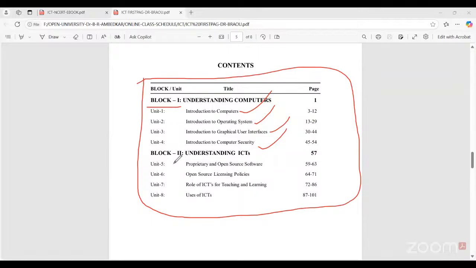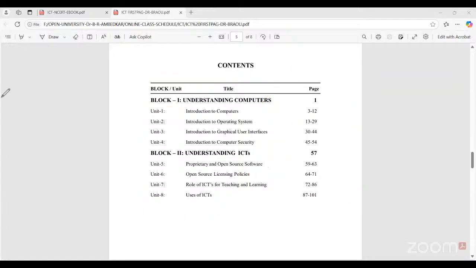The second block is about software and policies, and then the role of ICT, and how we use ICT in our daily life. So this is placed in the second unit. I think all of you have the syllabus with you. If not, take this screenshot and keep it for future reference.